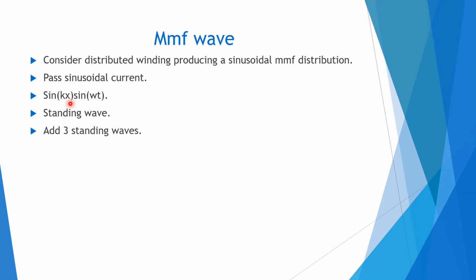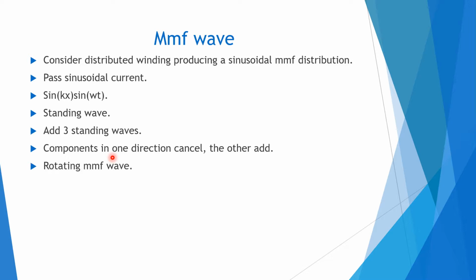Then you try to resolve them into the components that go clockwise and anti-clockwise, and what the math will tell you is that, suppose we add them such that the ones leading in position also lead in time, the clockwise components will all add, but the anti-clockwise components will actually cancel each other out. So what you get is a moving wave. That MMF wave will now start moving clockwise in that air gap. So this is a rotating MMF wave, and this wave has some rotational speed.